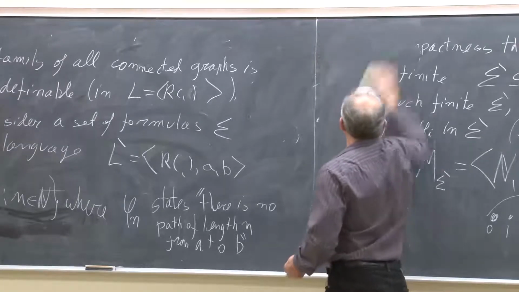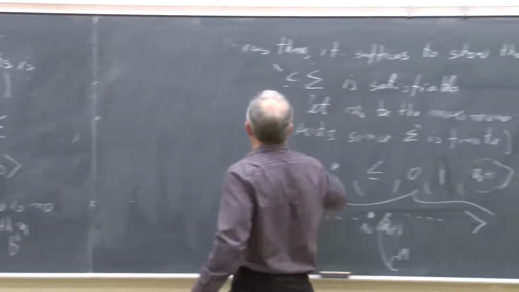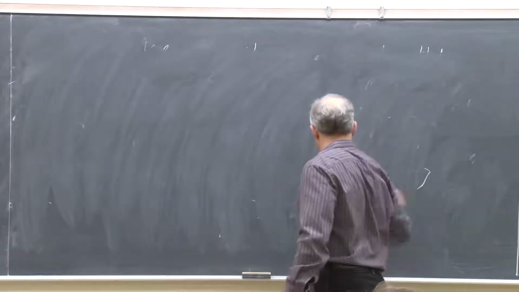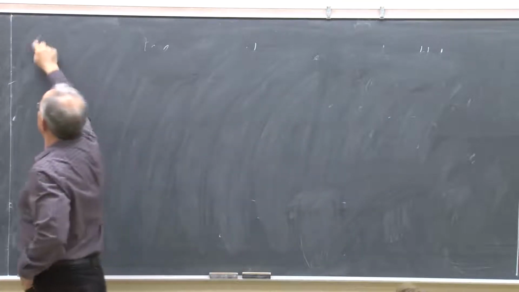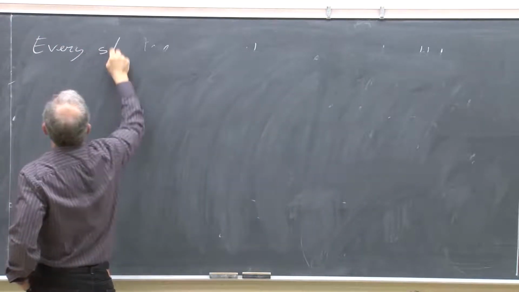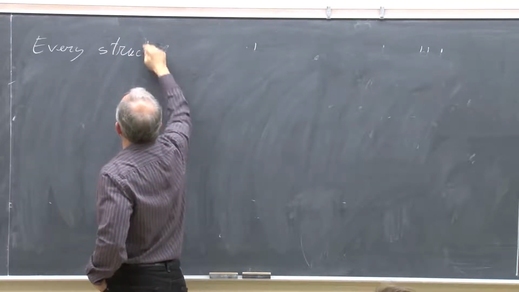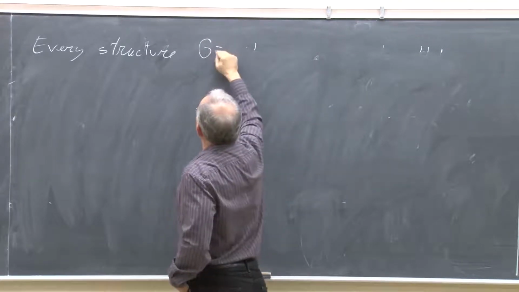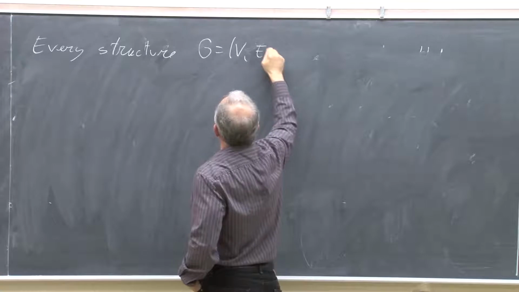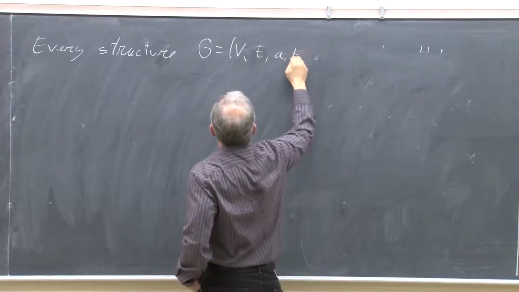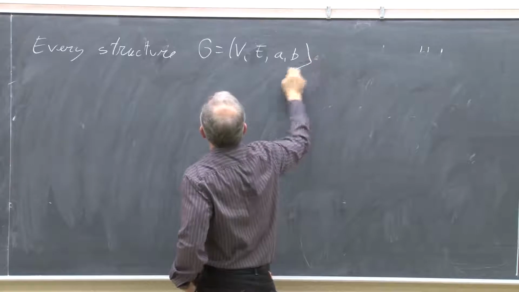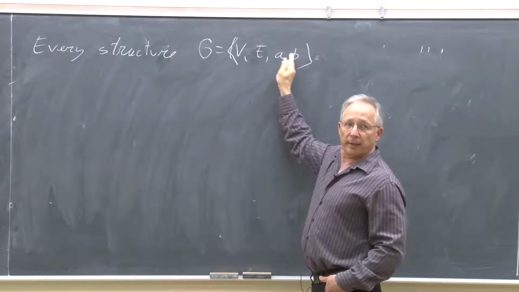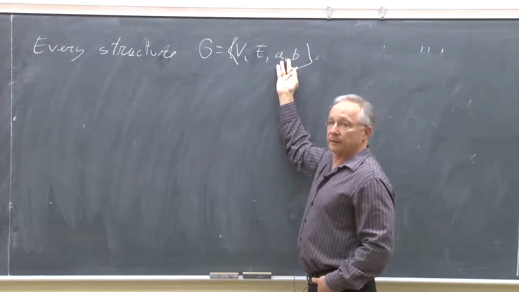But now, just note that a structure for sigma looks like a graph that has vertices and edges, but it also has interpretations for A and B. It's a graph with vertices, edges, and an interpretation for A and an interpretation for B, which are specific vertices.